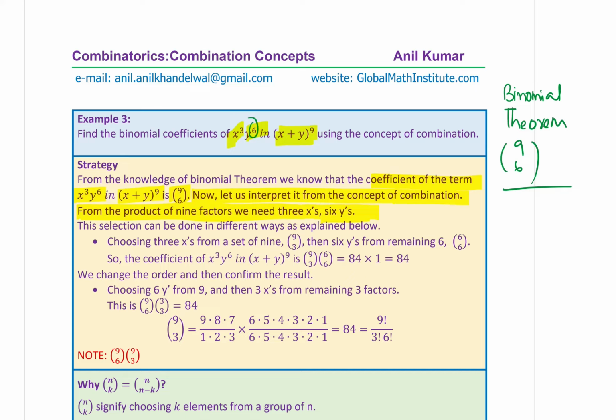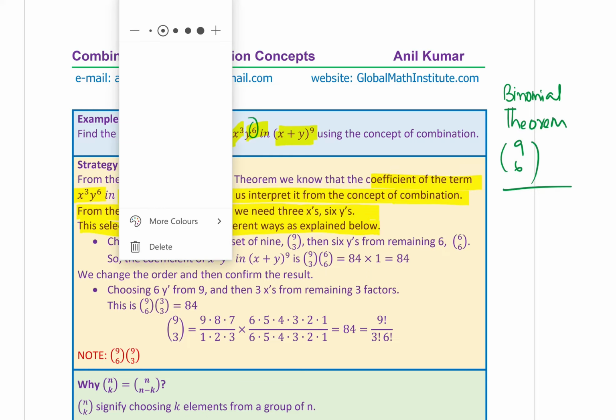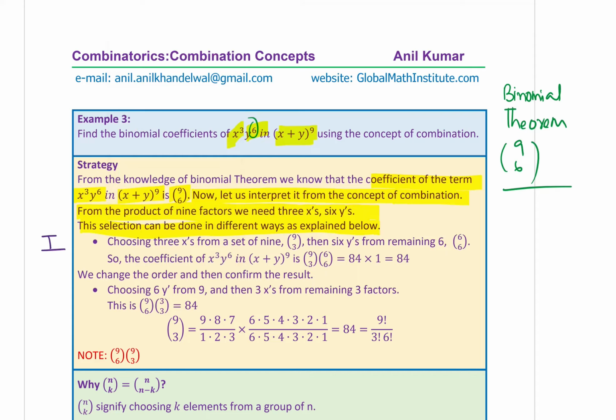Correct? So this selection can be done in different ways as explained below. We'll actually have 2 ways to do it, right? So this is the first way and this is the second way. In the first case, choose 3 x's from a set of 9. That gives you 9C3, and then 6 y's from the remaining 6.